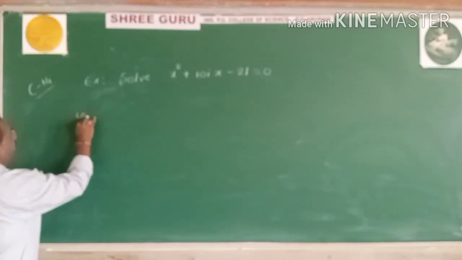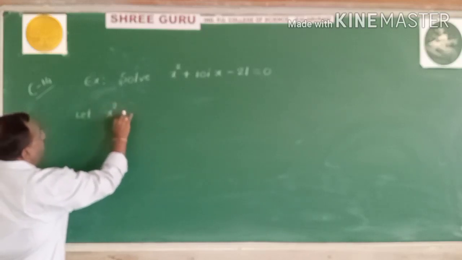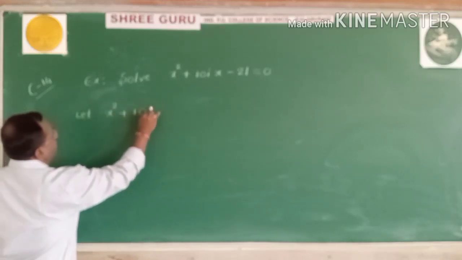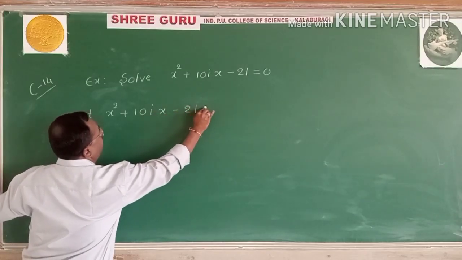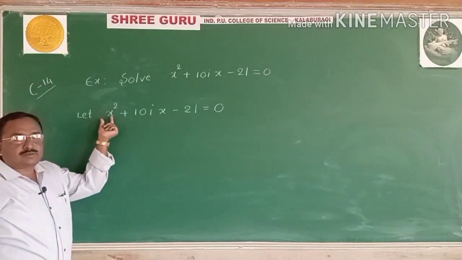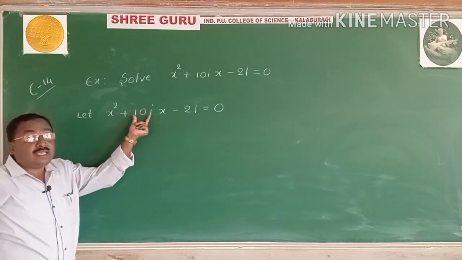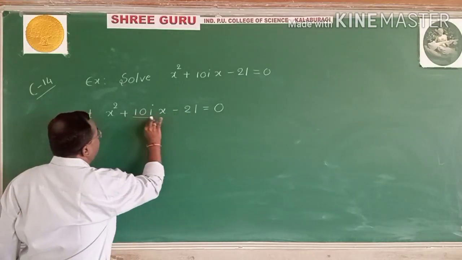Let x square plus 10ix minus 21 is equal to 0.